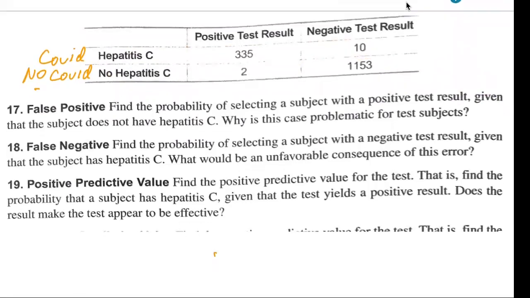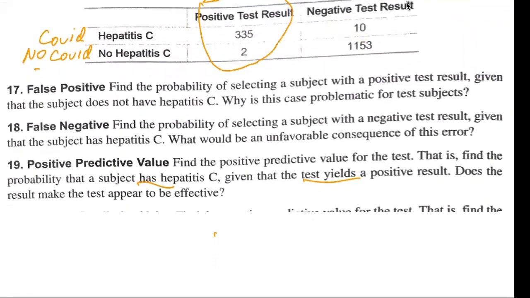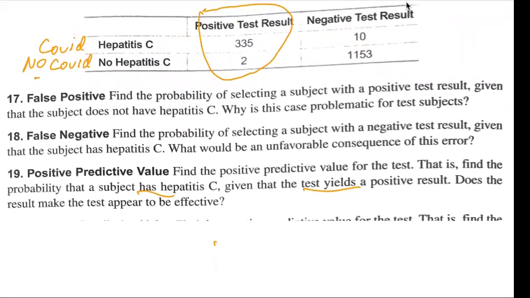The predictive value, that's find the probability that the subject has COVID, given that the test yields a positive result. So here's our positive result. We want the predictive value. Is it doing a job of finding people with positive? Well, that probability is 335 divided by 337, the total in that column. 0.994.